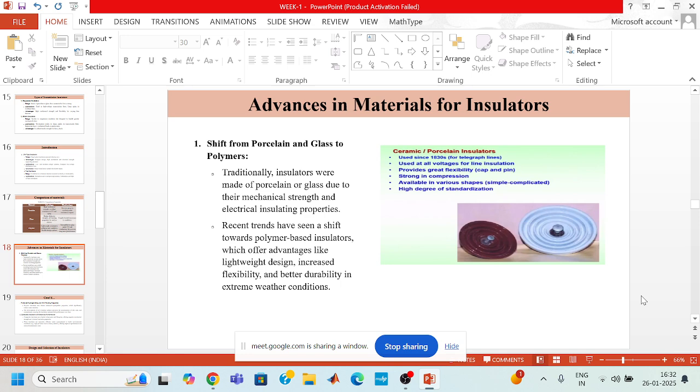They provide great flexibility, are strong in compression, are available in various shapes, and have a high degree of standardization. But due to their mechanical strength and electrical insulating properties, they are now going obsolete. Recent trends have seen a shift toward polymer based insulators, which offer advantages like lightweight design, increased flexibility, and better durability in extreme weather conditions.